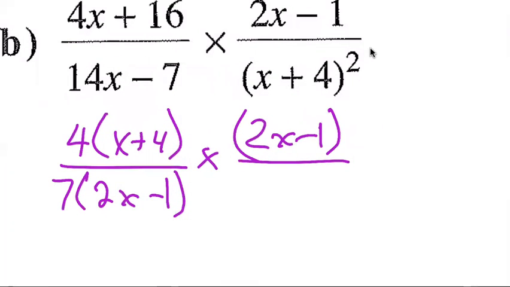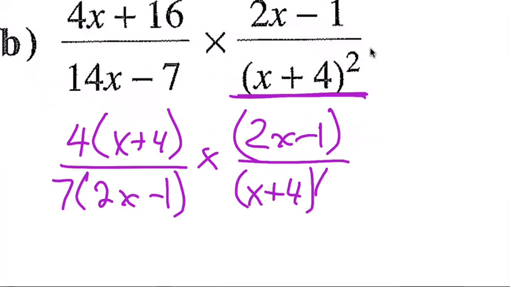And I'm also going to not expand, but I'm going to write this the way it should be, x plus 4 times x plus 4. When I go to do my canceling, it's going to be easier for me to have this written out like this so that I don't forget it. That's a common error, is if we try to reduce this, we lose it completely.